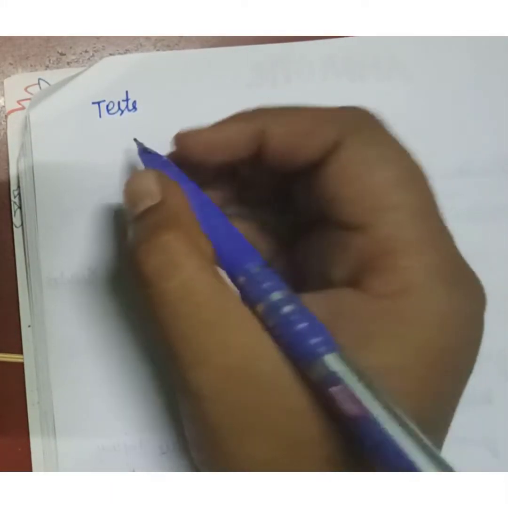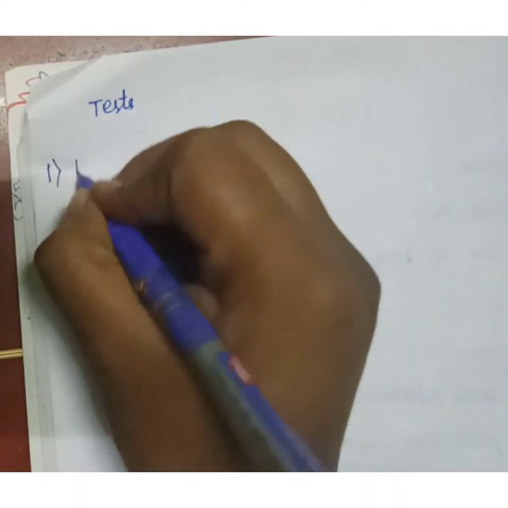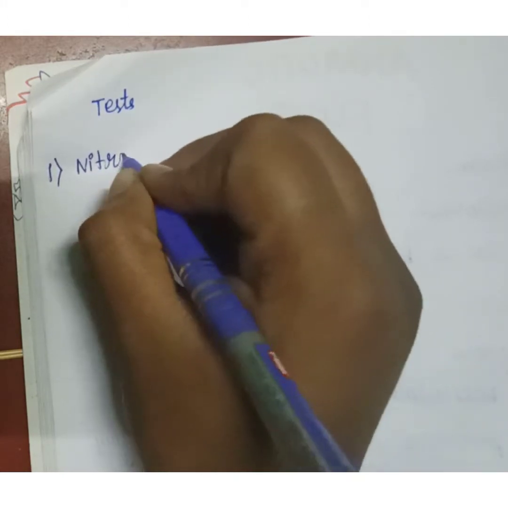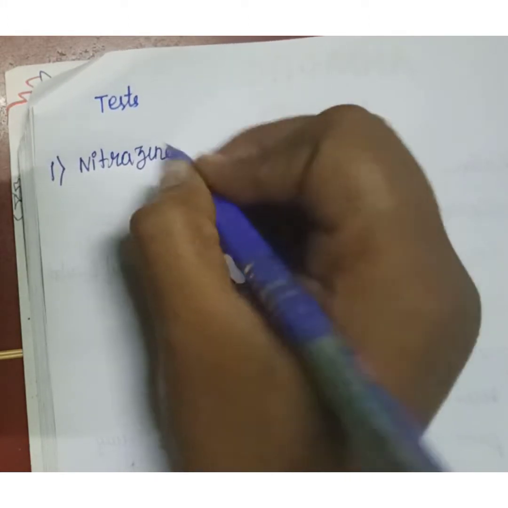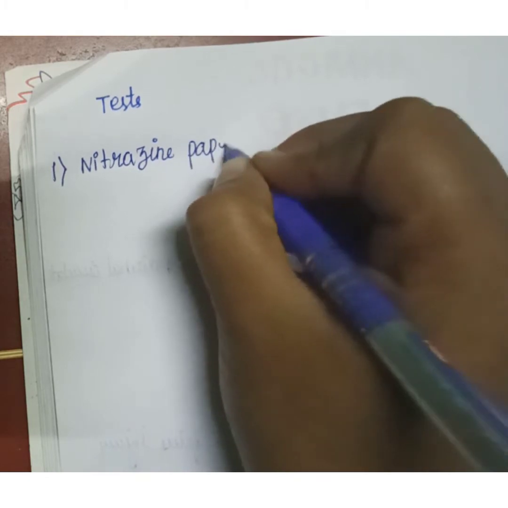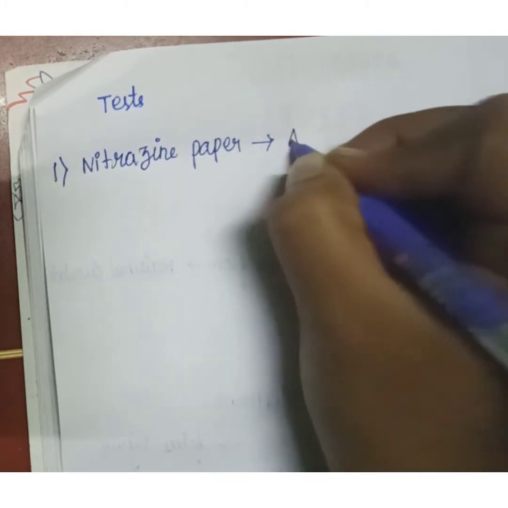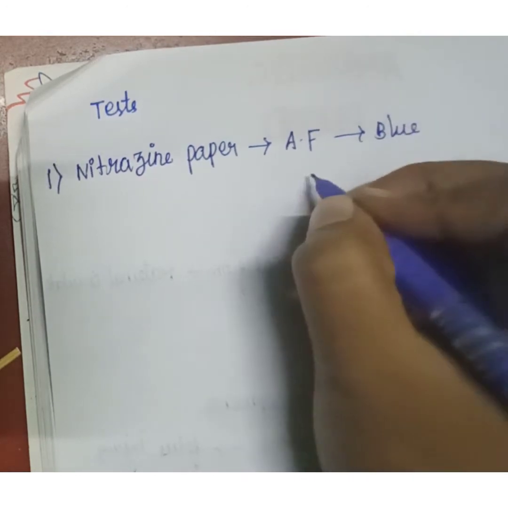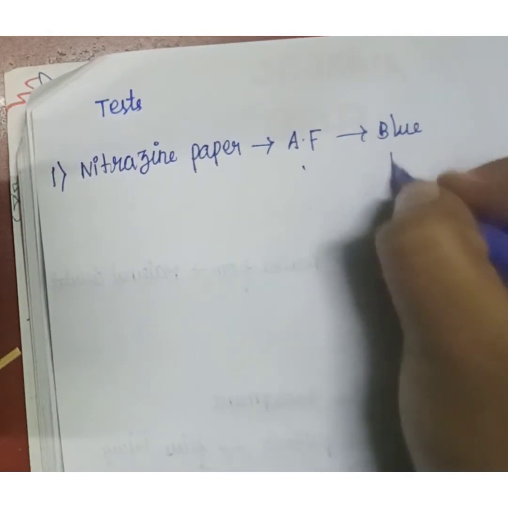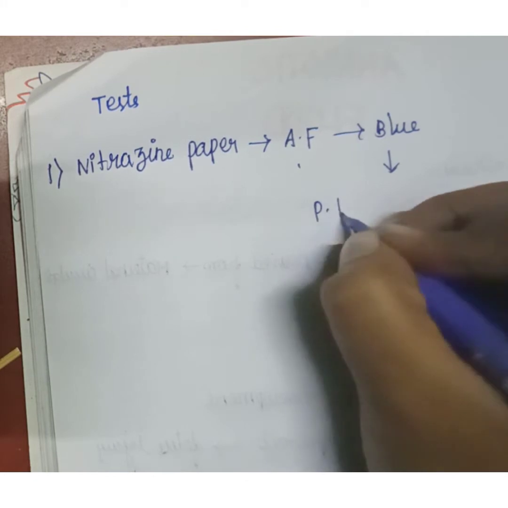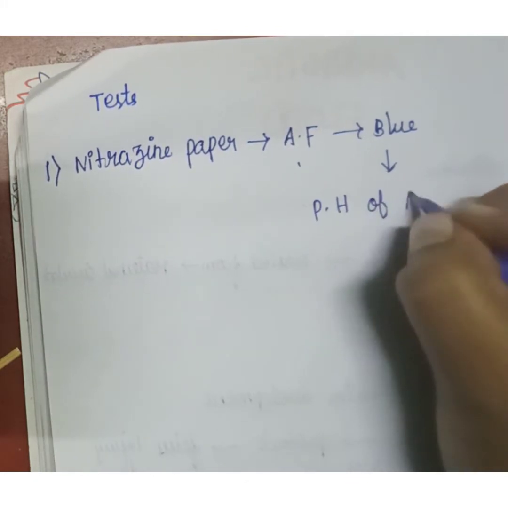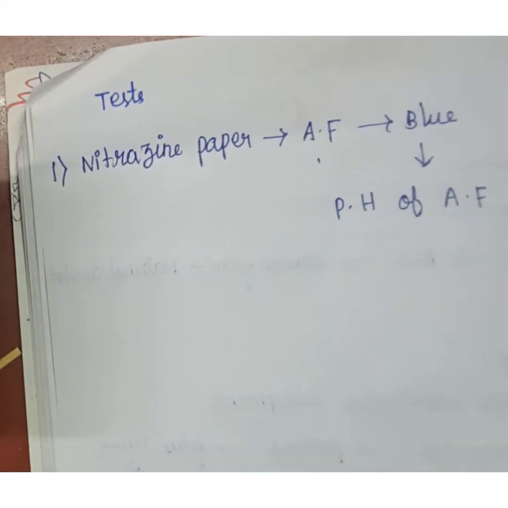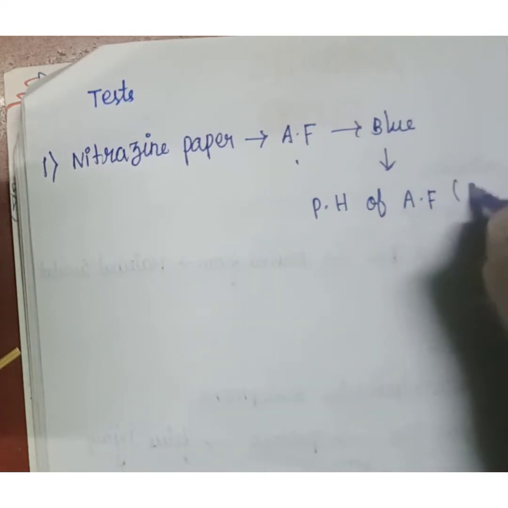Next we are going to see some tests. The first one is the nitrazine paper test. In the nitrazine paper test the amniotic fluid turns the paper blue, because the pH is alkaline.